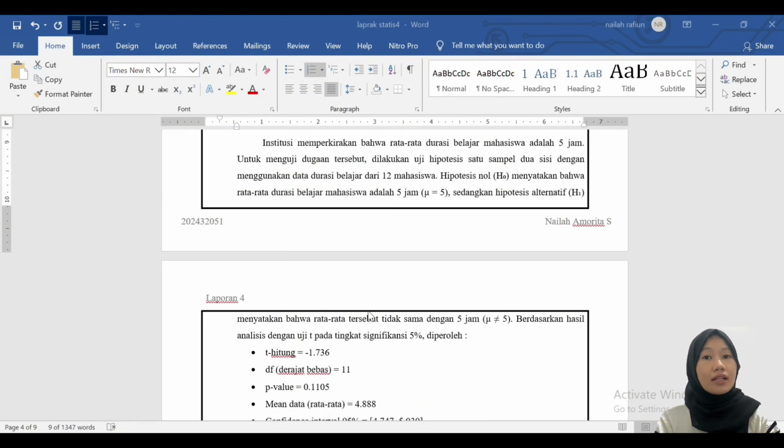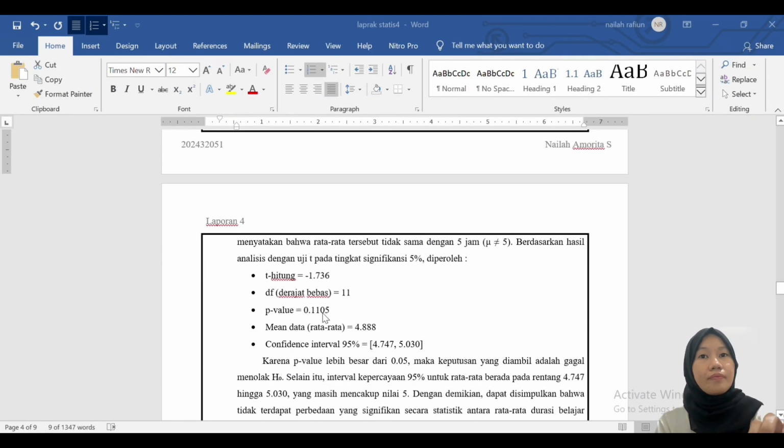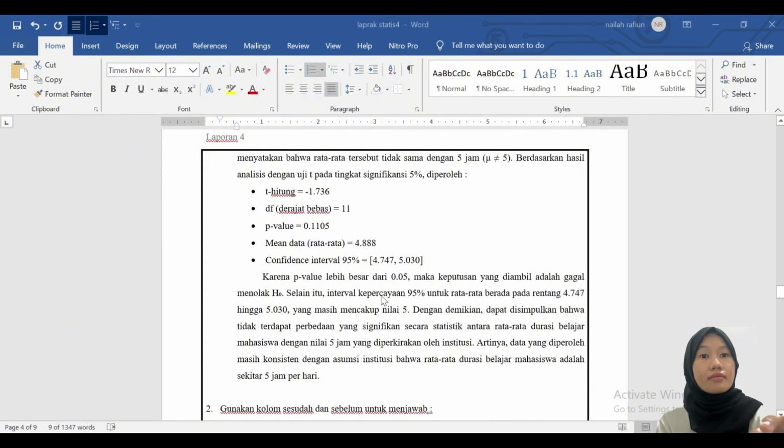Based on the result of the analysis with the t-test at the 5% significance level, it was obtained like this. Since the p-value is greater than 0.05, the decision is to fail to reject the null hypothesis.